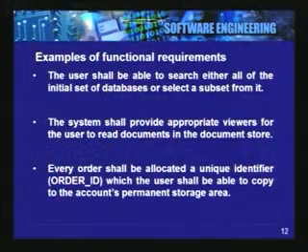And if they search for articles in computational biology, then the system should be able to display every article that falls into this range. The system should also provide for appropriate viewers for the user to read the documents in the store. The documents can come in several formats, remember. In a library, documents can be in PDF, Microsoft Word, PostScript, or various other formats, and the system should be able to provide viewers for the formats in which it stores the documents.